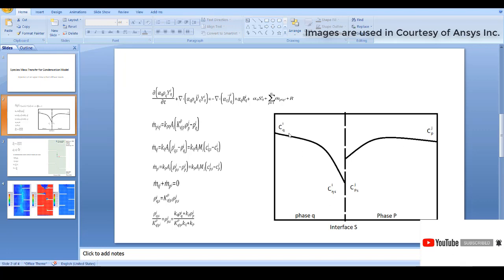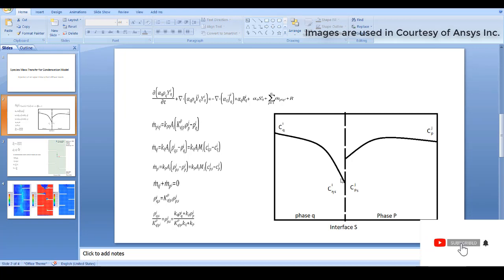If you consider here, C_qi has a concentration whose value is different compared to the value at the interface, and there is a discontinuity occurring at the interface. It cannot be a continuous curve here. In order to address this discontinuity, we'll go with a term called the equilibrium ratio.